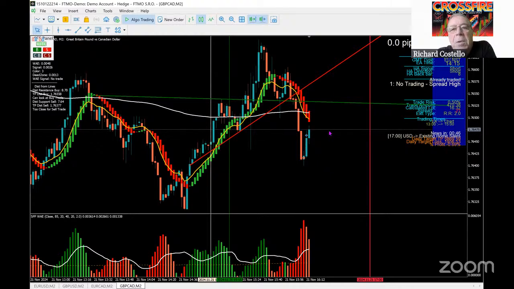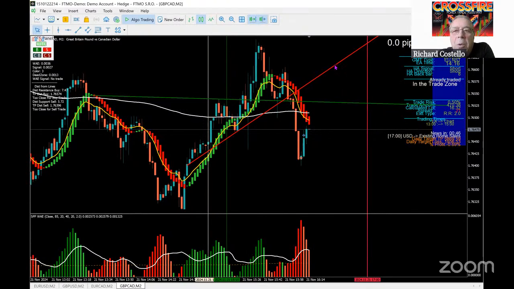Let me just analyze why the trading assistant got me into this trade. So I'm looking at the red trend line. I'm below the red trend line, therefore I'm looking for sells only. I've had a recent wave change. The wave was green upward, it's now red downwards.